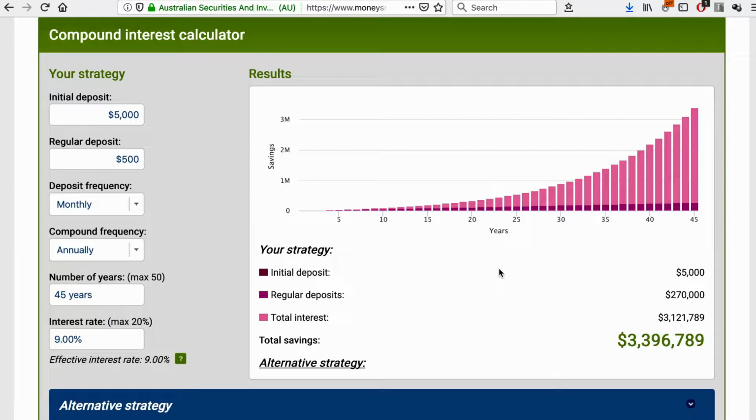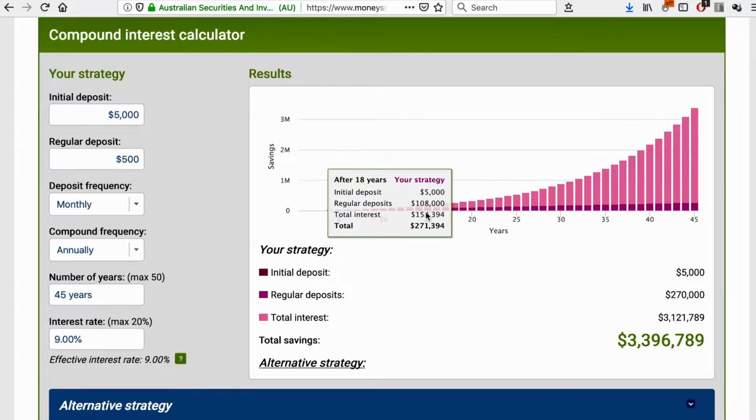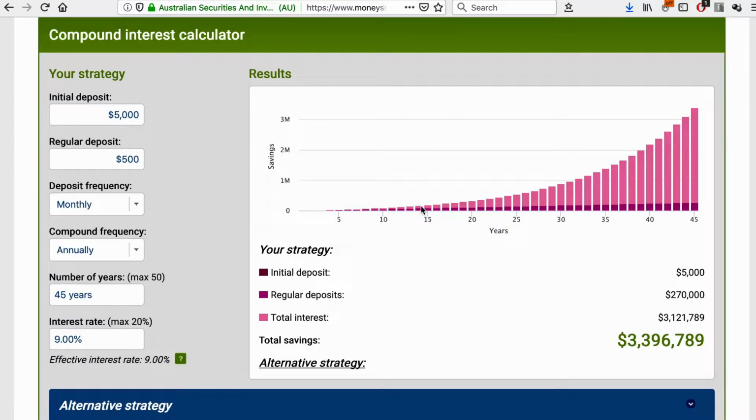So here I've just assumed a really conservative savings plan of, like, say you've scraped together $5,000 and you've decided that every month you can afford to invest $500.